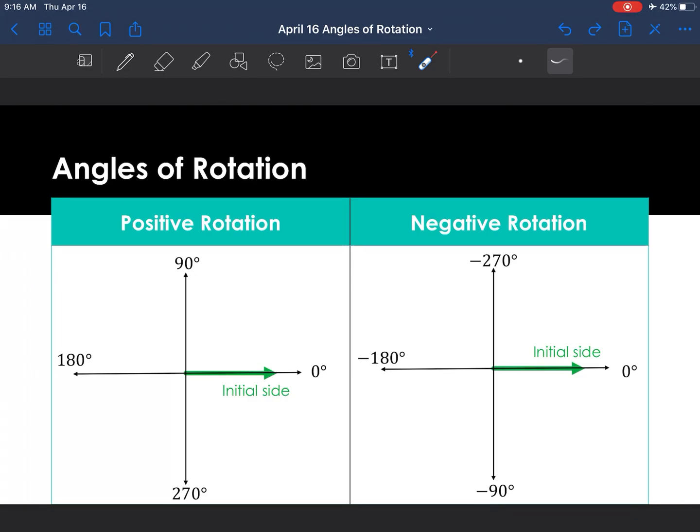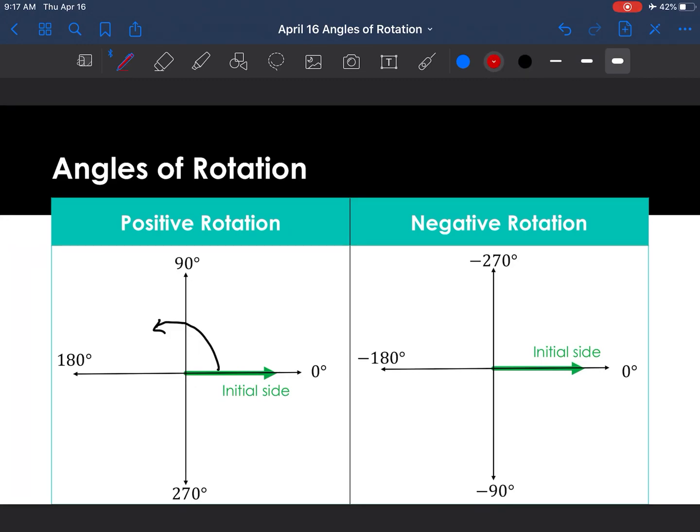As you can see here, the initial side, the 0 degrees, is always going to be on the right side. Now, when it's a positive rotation, you're going to start there and then rotate in this direction, counterclockwise. So backwards of a clock, basically. I don't know how much you guys stare at the clock in class all the time, so you should know what counterclockwise means.